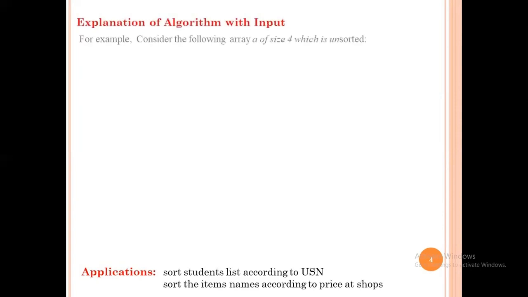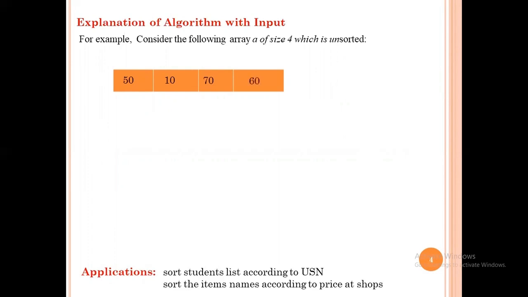Now consider the algorithm with input. Consider an array A of size 4 which is unsorted. The first element in the array is 50, the second is 10, the third is 70, the fourth is 60.